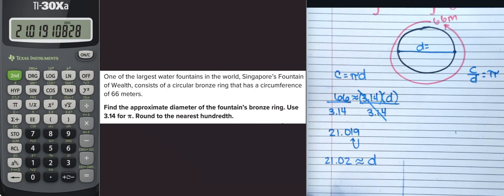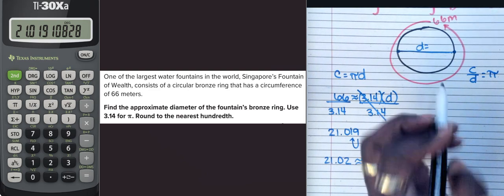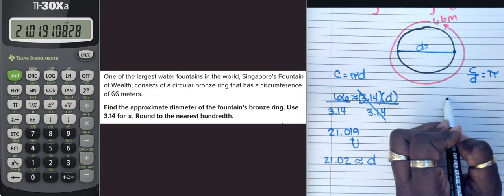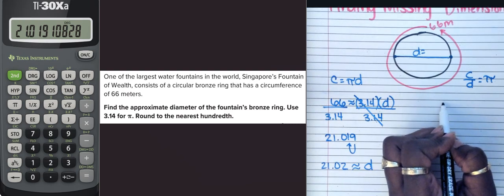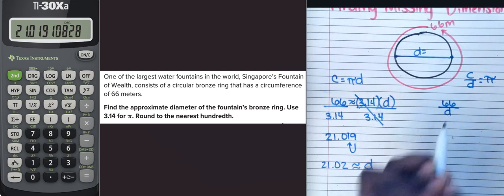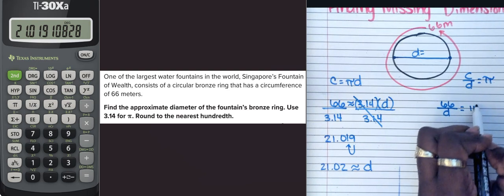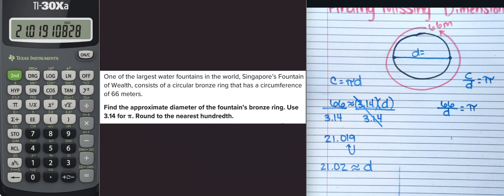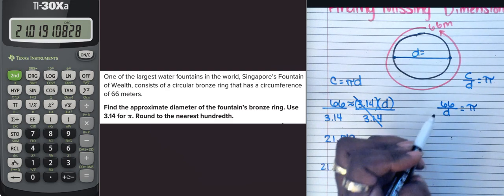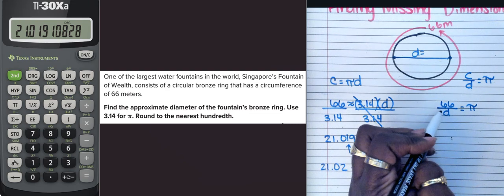Okay. If you're setting it up over here on the proportional side, then what you would do is we have the circumference. So the circumference is going to be 66 divided by the diameter, which we don't know. And then you have that equal to pi. Okay. So what we want to do is we see that it is divided.